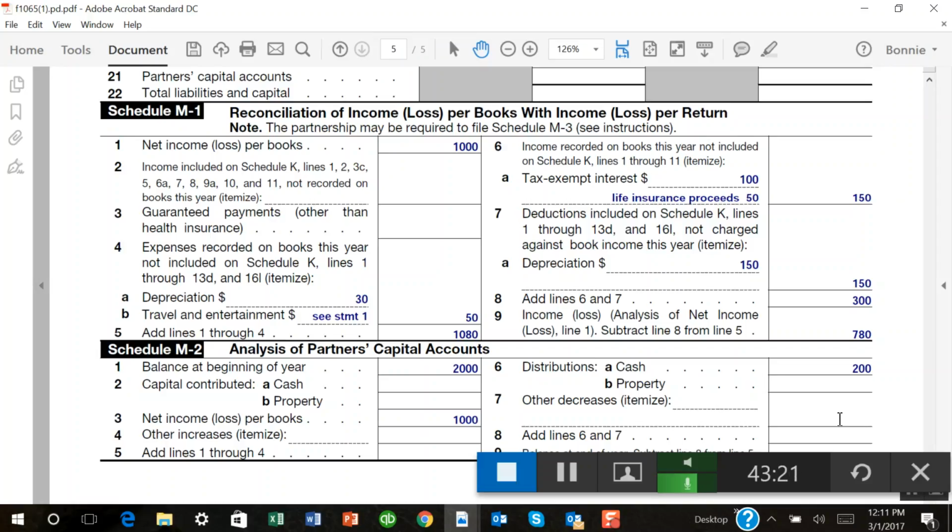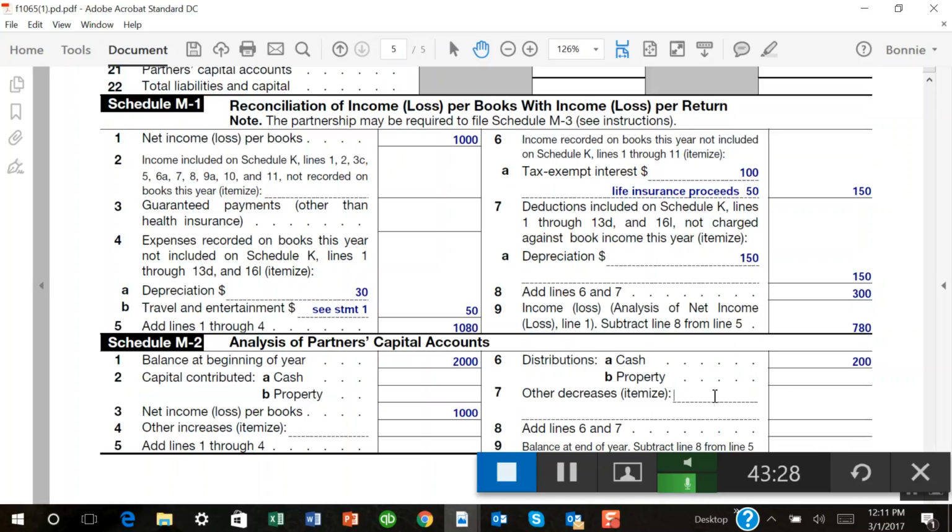And let's say that I had nothing else going on. So now the balance at the end of the year is just, here I just add down lines 1 through 4. So lines 1 through 4 of Schedule M-2 is 3,000. And then on line 8 I add line 6 and 7, so that's 200.